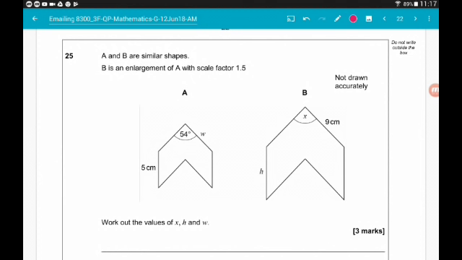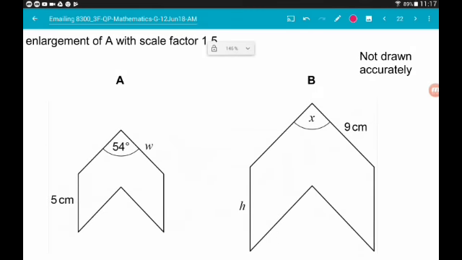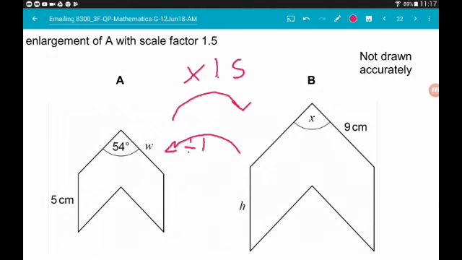To get from the lengths of A to B, we're going to multiply by the scale factor, so times by 1.5. To get from the lengths of B to the lengths of A, we're going to do the exact opposite, and we are going to divide by 1.5.